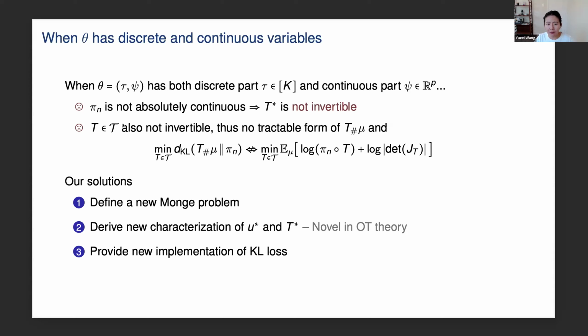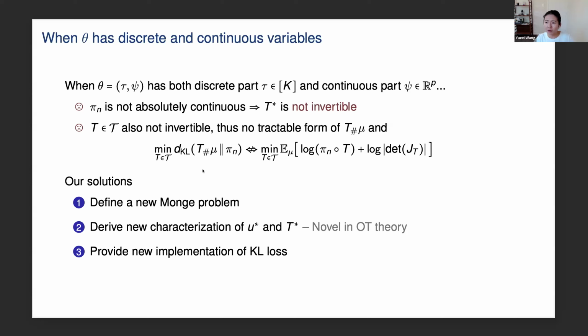So T star and T are both not invertible, and there's no tractable form for the transformed density. To do the change of variables, you need to be able to compute the inverse map. And because there's no inverse map, you also fail to rewrite this KL loss function. There's no equivalence between these two loss functions now.